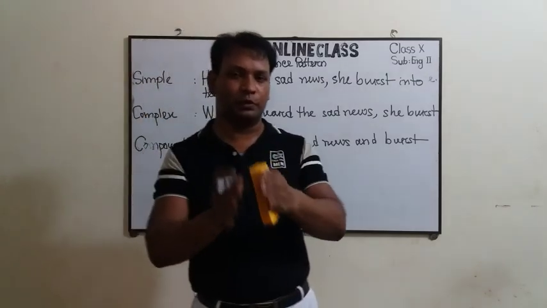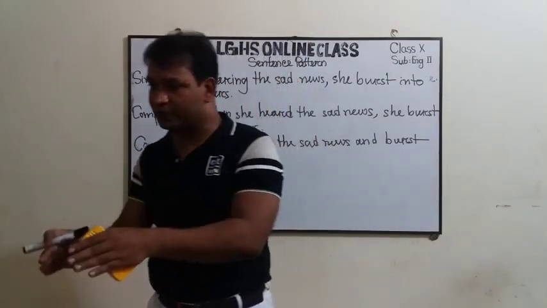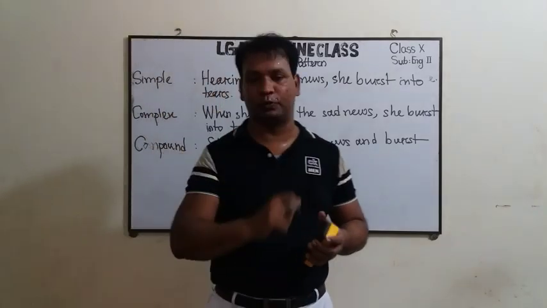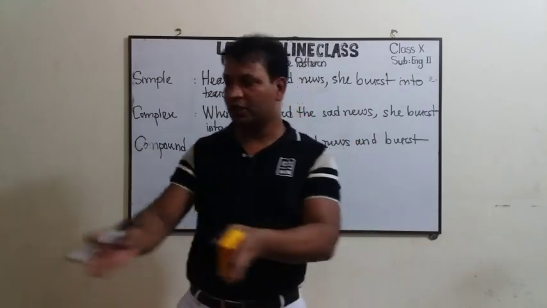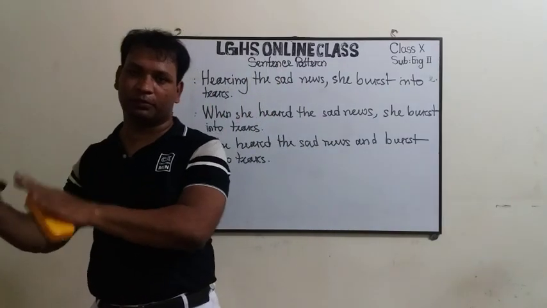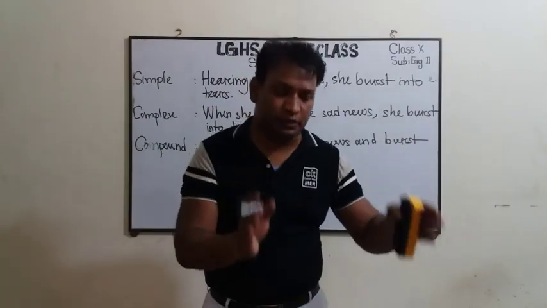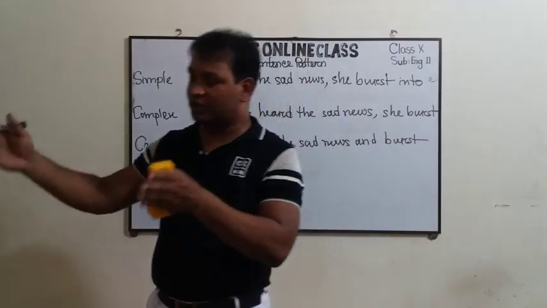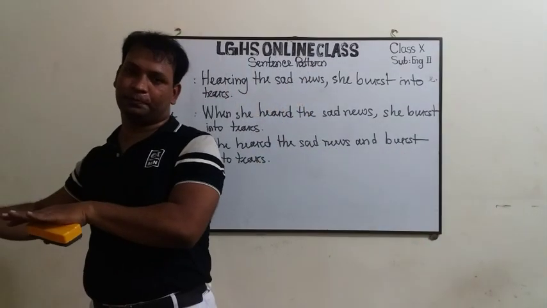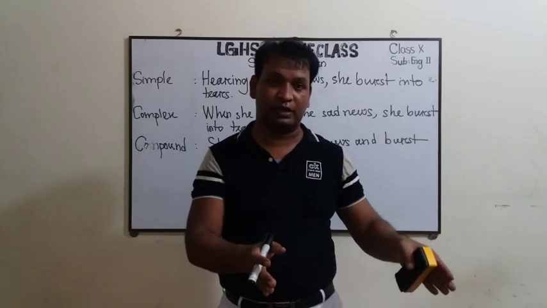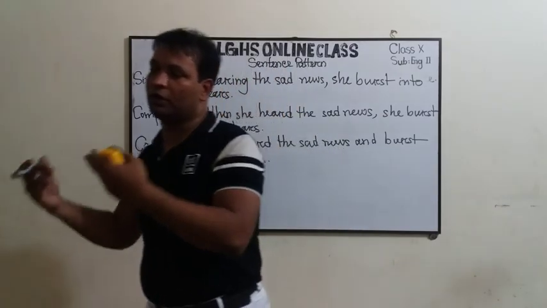That means before and after past perfect tense will be used. For example, reading the letter, she tore it off. This is simple. Let's make it complex. She tore the letter off after she had read it. Let's make it compound. She read the letter and tore it off.